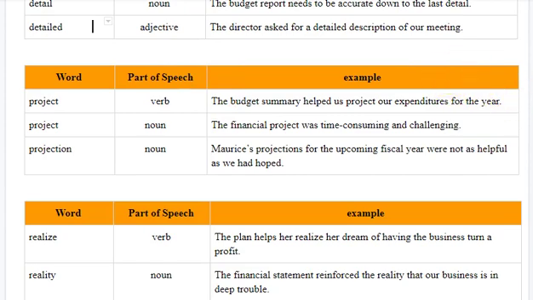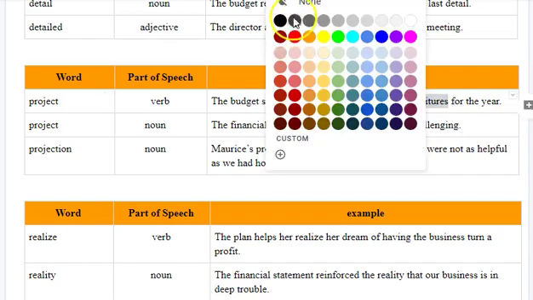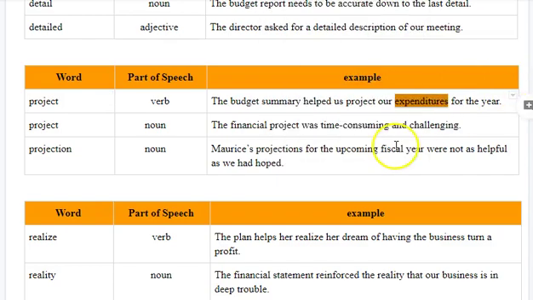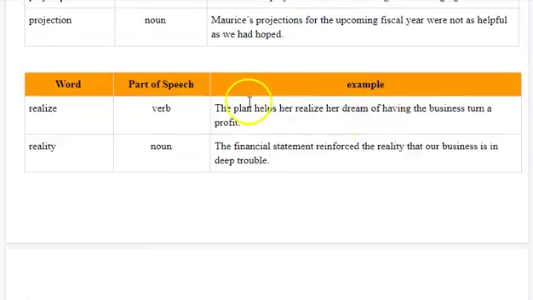The director asked for a detailed description of our meeting. Project, verb. The budget summary helped us project our expenditures for the year.